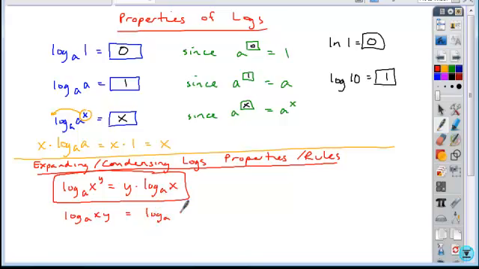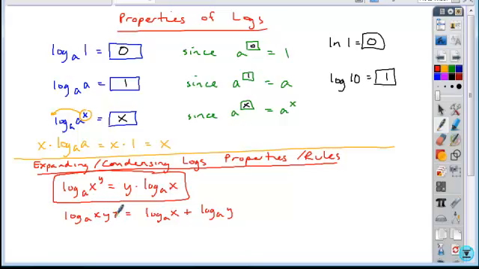Each one will be the same base, but each one will be its own individual factor. So when you expand this, if the factors are being multiplied, the logs are being added. So log base a of x plus log base a of y is equivalent to log base a of the product xy.